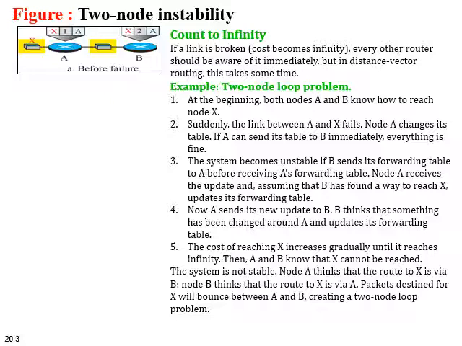If a link is broken, then the cost becomes infinity. Every other router should be aware of it immediately, but in distance vector routing this takes some time. So due to this, the count to infinity problem arises in the distance vector algorithm.